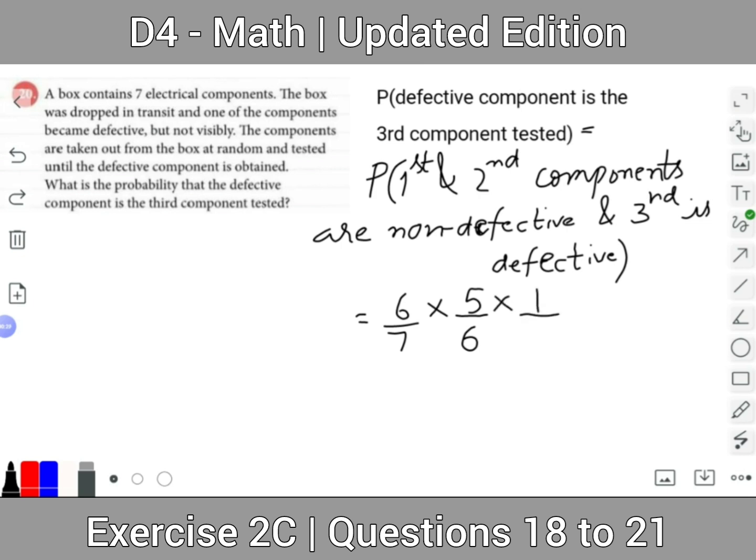Since we have already taken two components, now for the third component, the total number of components left will be 5, and the probability for the third component will be equals to 1/5. Now we will make further simplification, so 6 cancel with 6 and 5 cancel with 5. So now we have 1/7. So the probability that the defective component is the third component tested will be equals to 1/7.